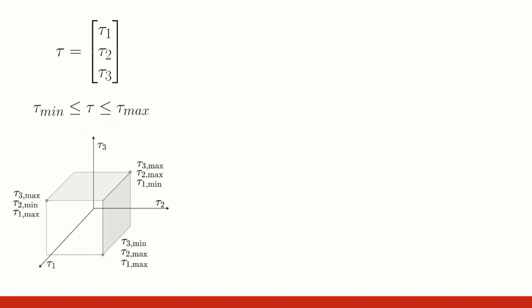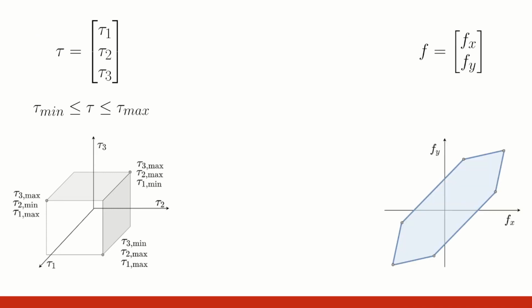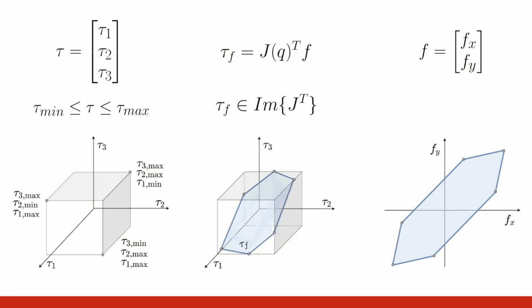The achievable set of joint torques can be represented as a hypercube or hyperrectangle with side lengths equal to the ranges of each of the joint torques, from minimal to maximum value. In the Cartesian space, this hypercube is mapped to a convex polytope of achievable Cartesian forces. In this example, it's a 2D polygon.